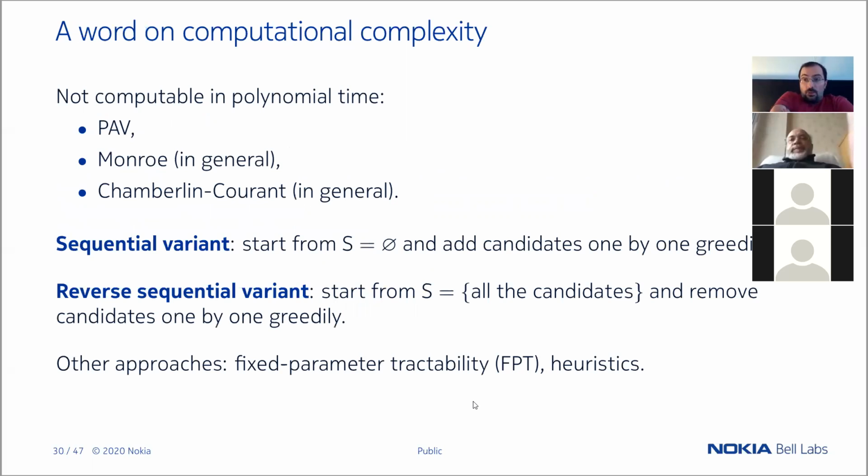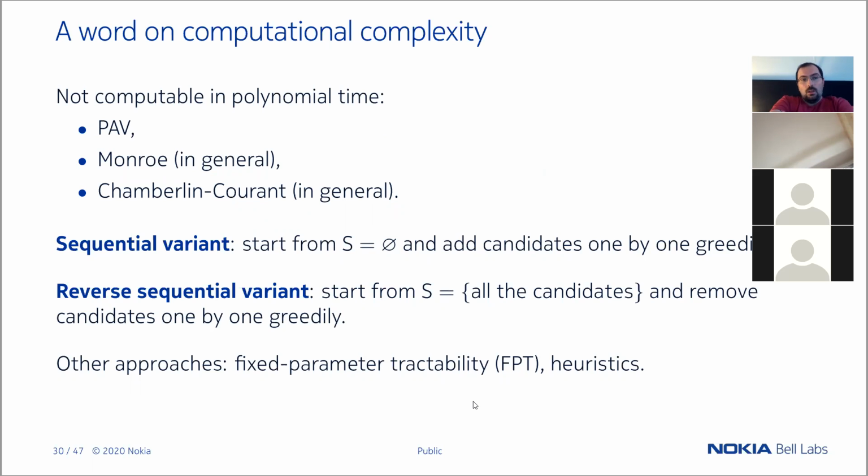So, about computational complexity. Problems of computational complexity in computing the winner already exist in single-winner voting rules, but they are quite rare and limited to very unusual single-winner voting rules. But unfortunately, for multi-winner voting rules, it's a very frequent problem.